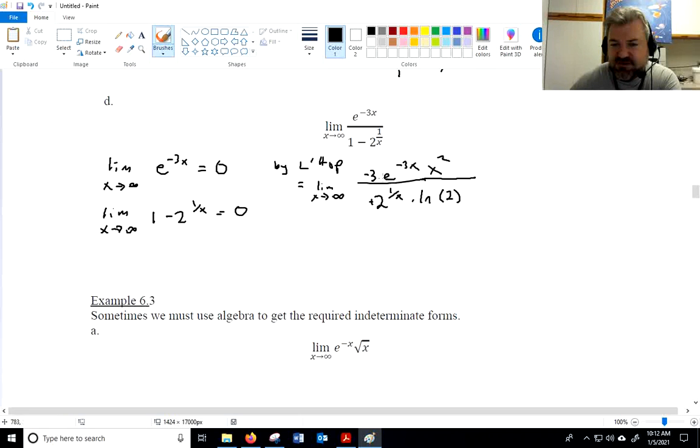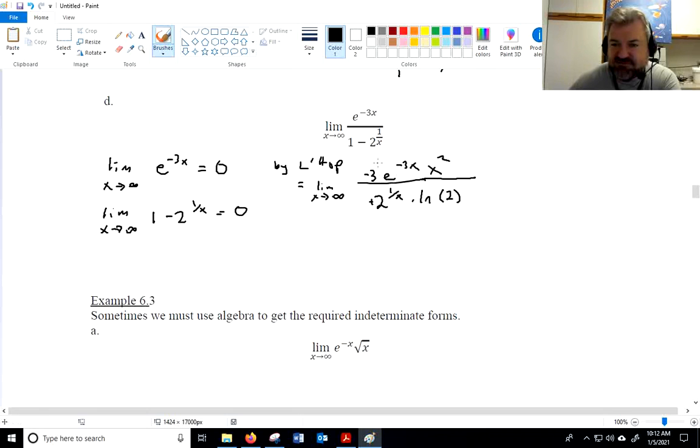Now, plugging in infinity here, I no longer get a 0 on the bottom. I get the natural log of 2. And on top, I actually get an indeterminate form. So it seems like I've messed it up. But if I can actually evaluate this limit here, I might be able to get a better answer.